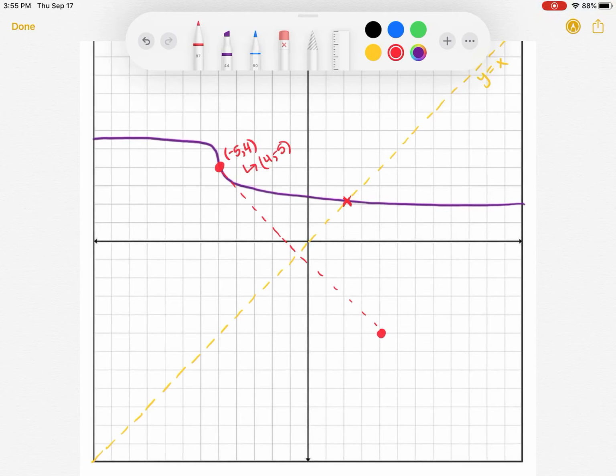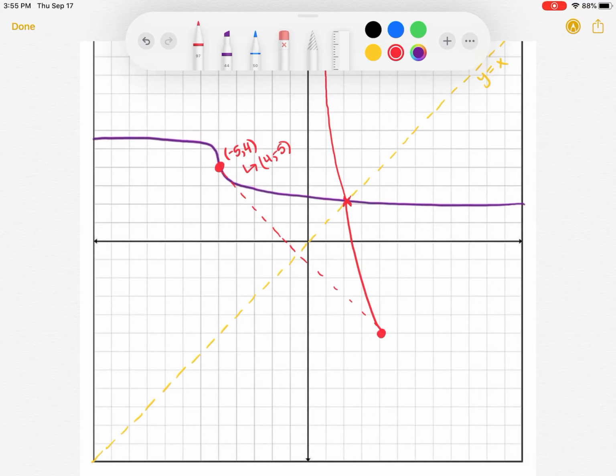So it would be helpful if I drew at least up to here, so I can see I'm creating this mirrored picture. If they intersect on the line y equals x, they intersect at the same spot, and then I can extend it, and I see that it does mirror.